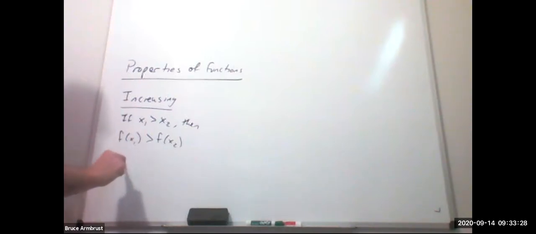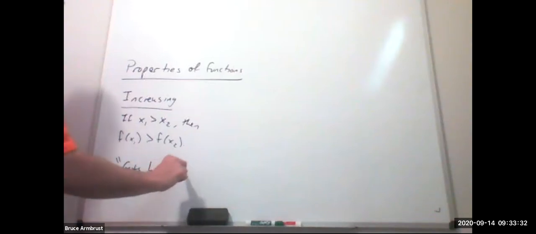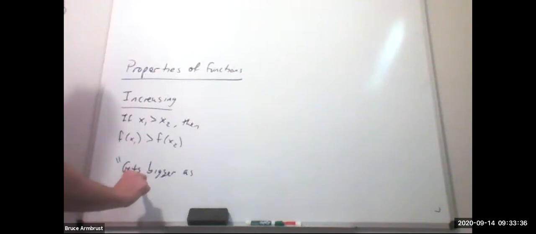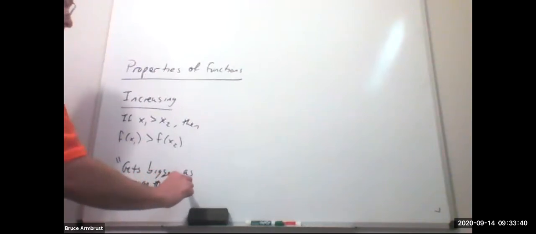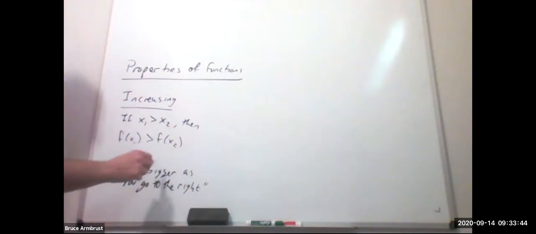For us, this just means it gets bigger as you go to the right. All right, so this is increasing if it gets bigger as it goes to the right.